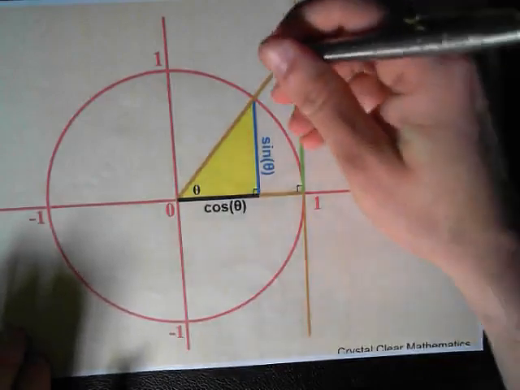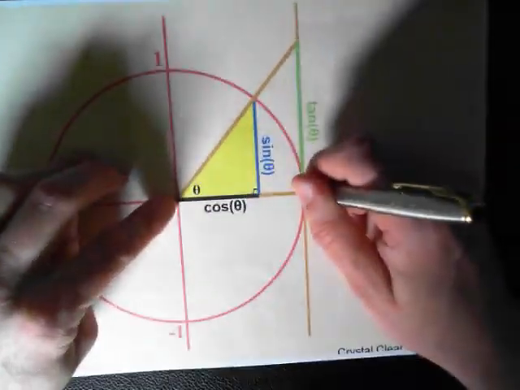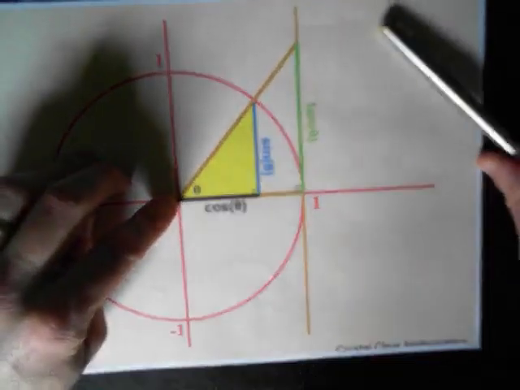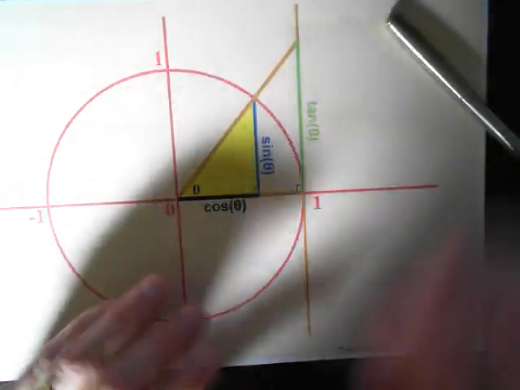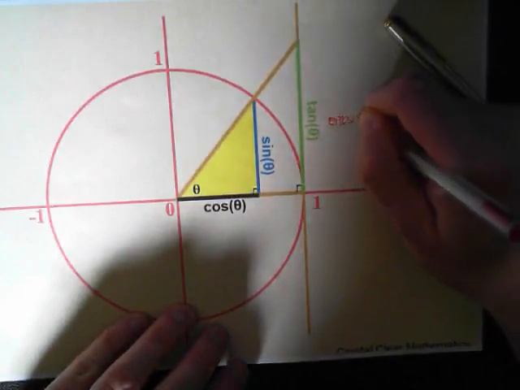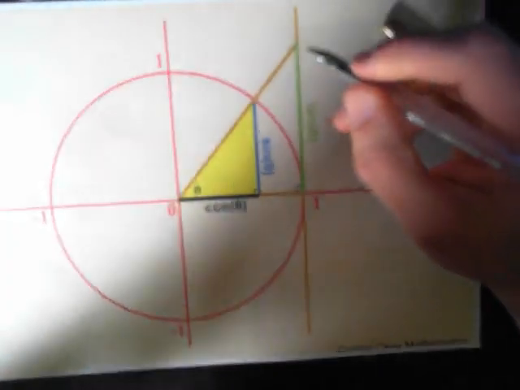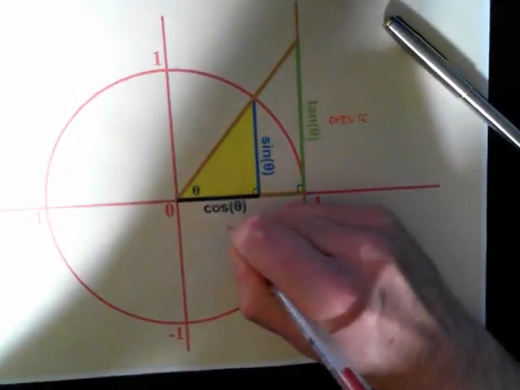But we have a larger triangle. We have this big triangle here. We've got the green line here. This is our opposite. And here we have adjacent.